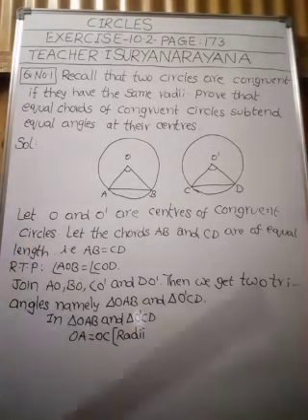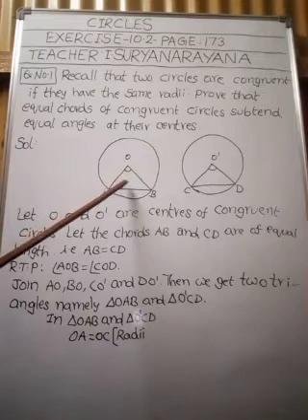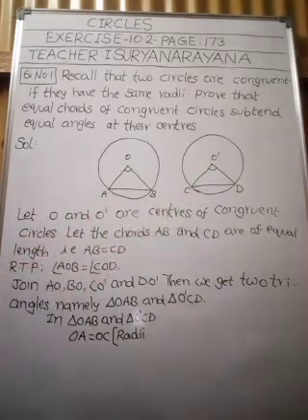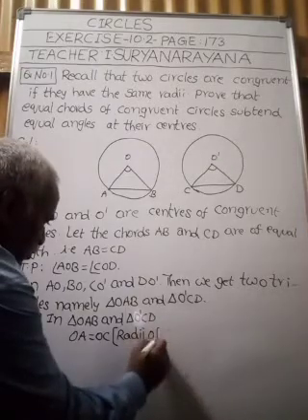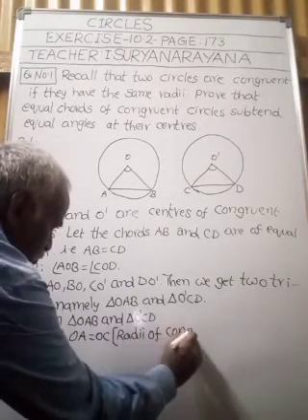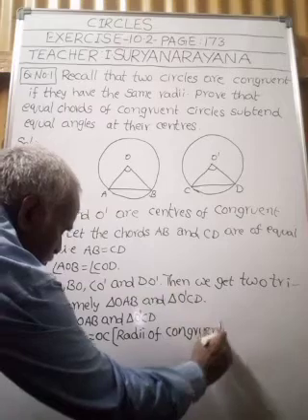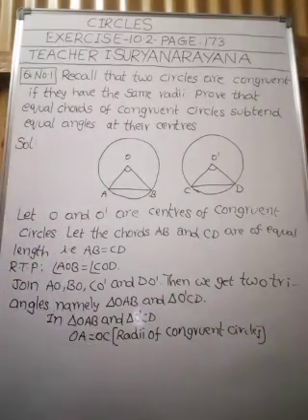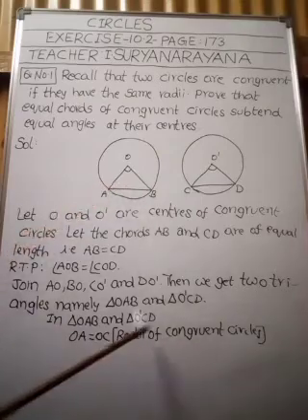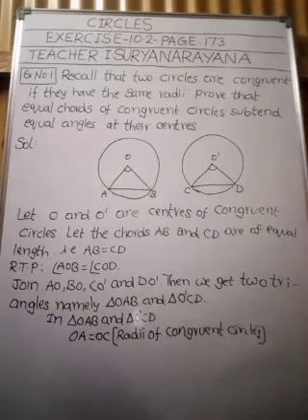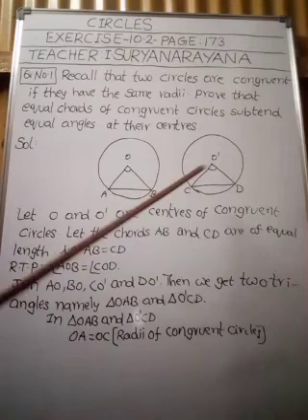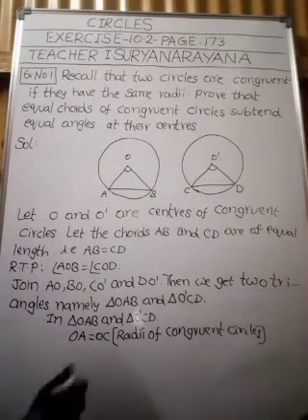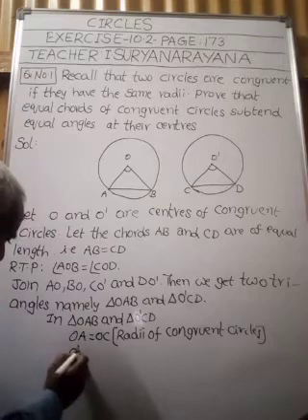And these are radii of the congruent circles, so their radii are equal. Understood this point, my children? Right. Similarly, OB is equal to O dash D.